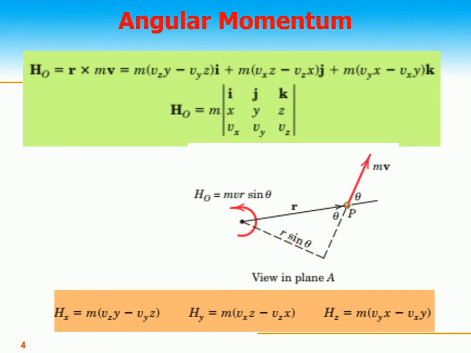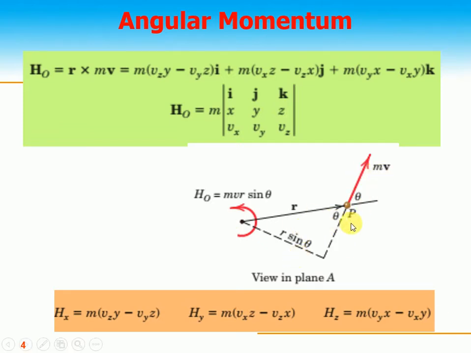You know from the previous knowledge that the moment is basically r times F, and in the scalar method, the perpendicular distance between the line of action of force and the point of rotation is called the arm of force. So if this is r, this is the sine component.